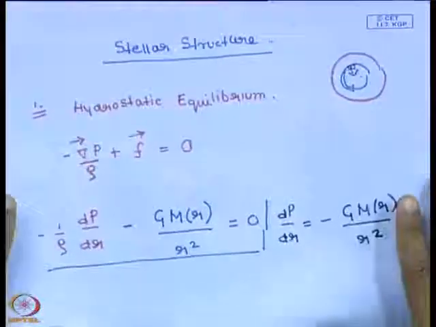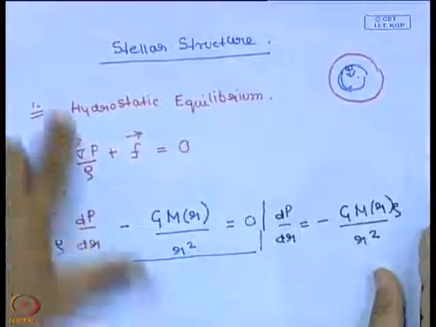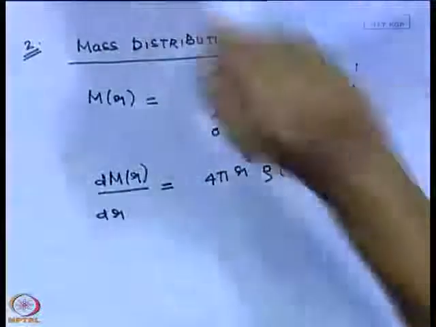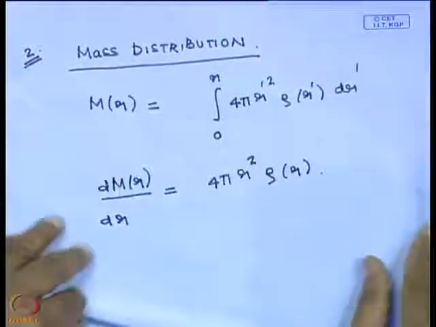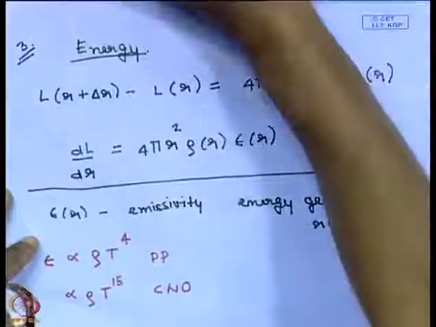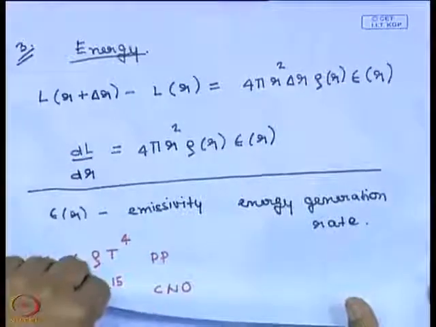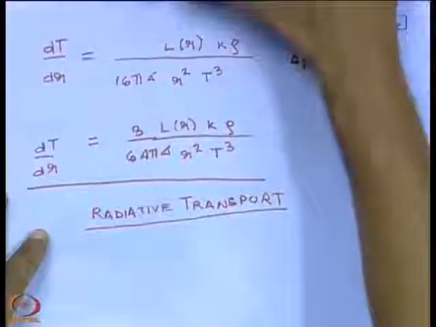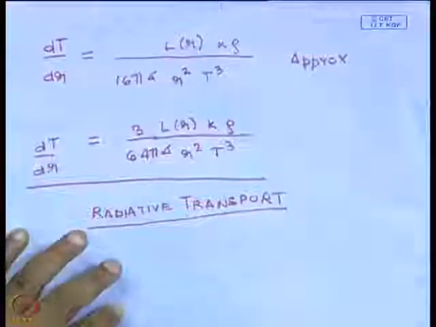The first equation is the equation of hydrostatic equilibrium. This gives the pressure as a function of r. The second is the mass distribution. The third is the way the luminosity changes with distance, and the fourth is the temperature gradient, which is decided by the energy transport mechanism.